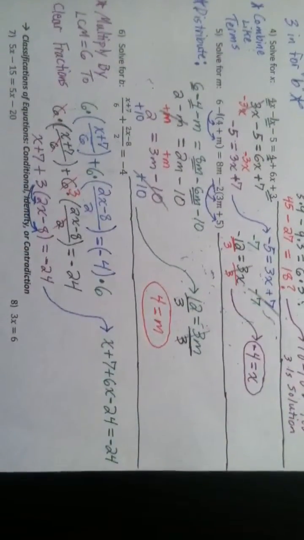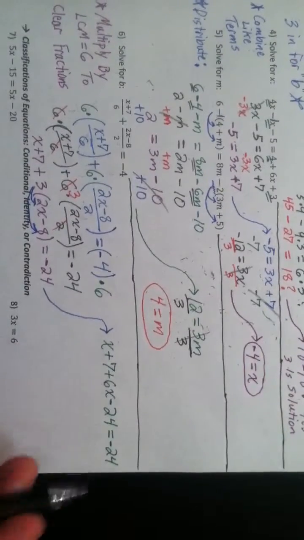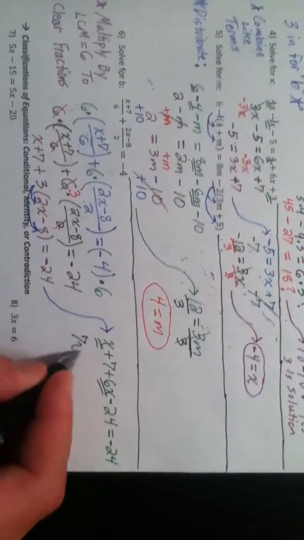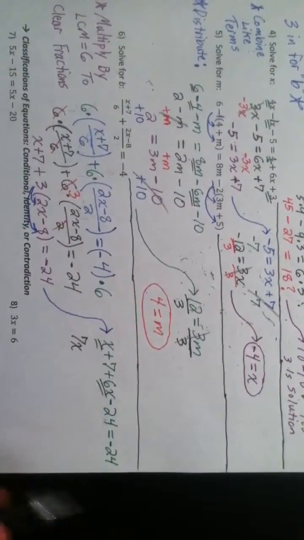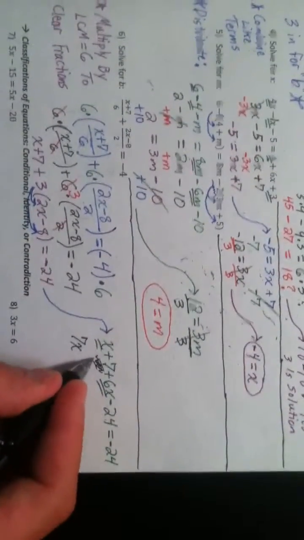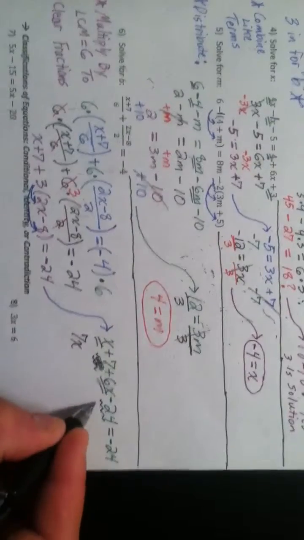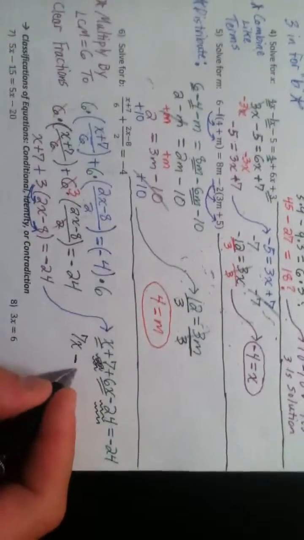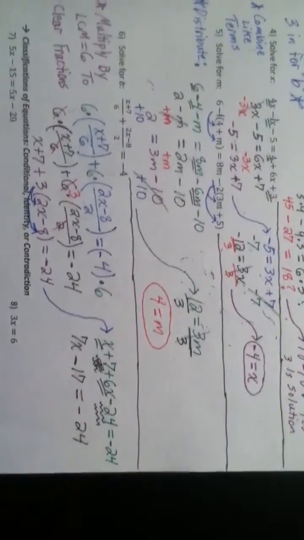Combining our like terms, this x plus that 6x gives us 7x. That's 7 plus that minus 24. Do it like this. 7 minus the 24. Let's see, that gives you a minus 17 equals a negative 24 over there.